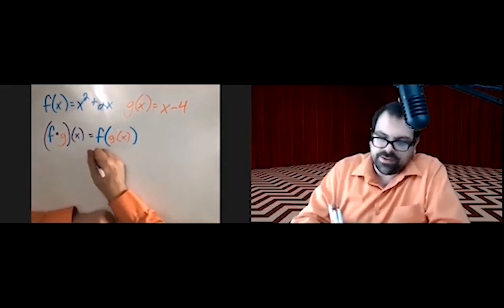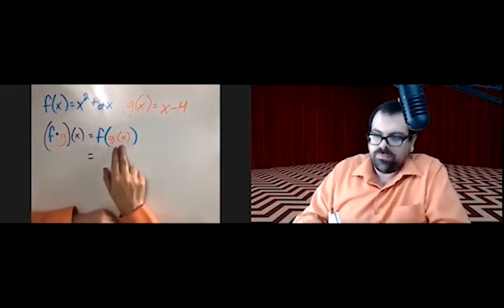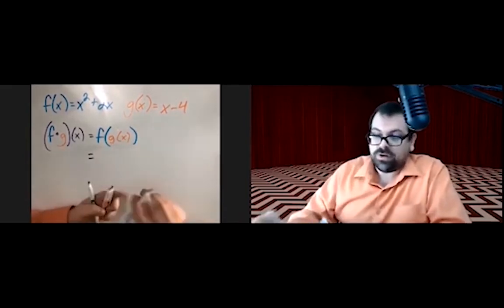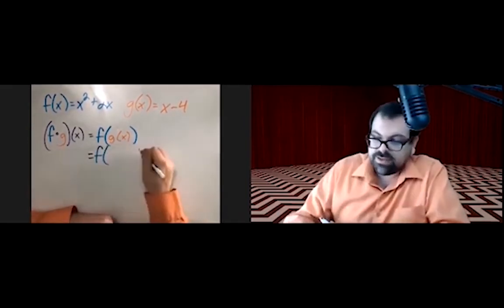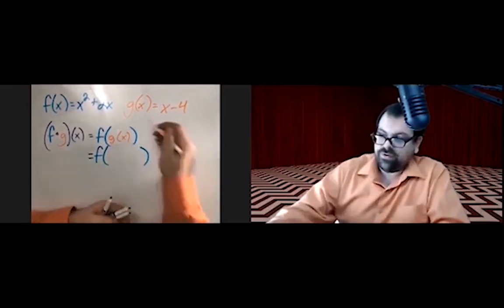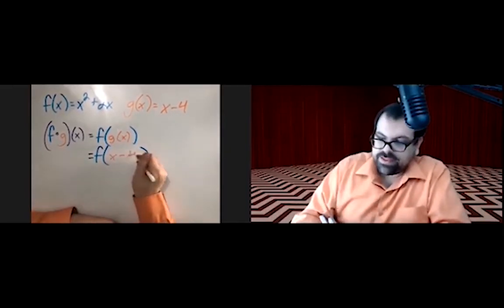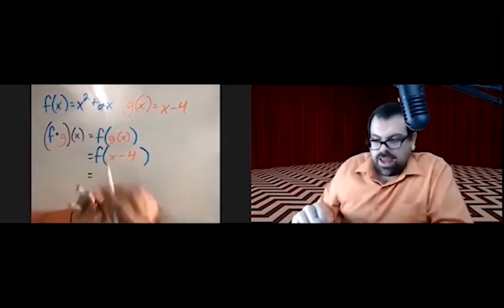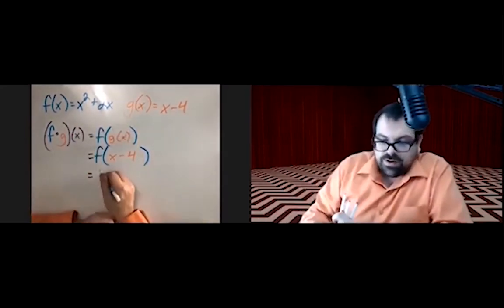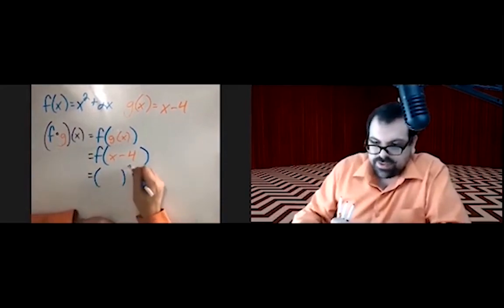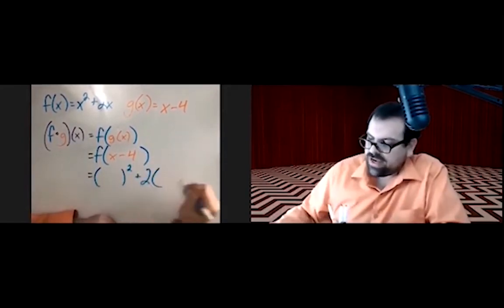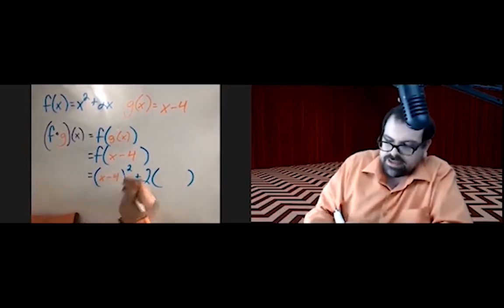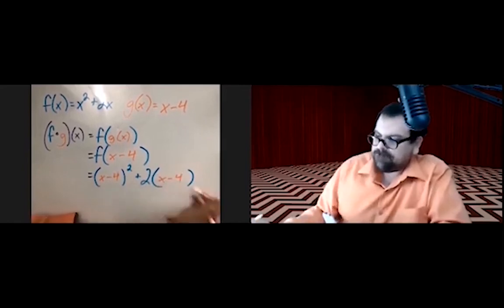How do we do this? Well, we know what g of x is. G of x is x minus 4. So let's make that replacement. F of x minus 4. And f is this function up here. Something squared plus 2 times that thing. And what is that thing going to be? It's going to be x minus 4. That's what we're plugging in.